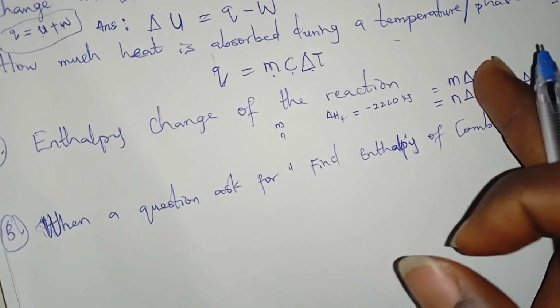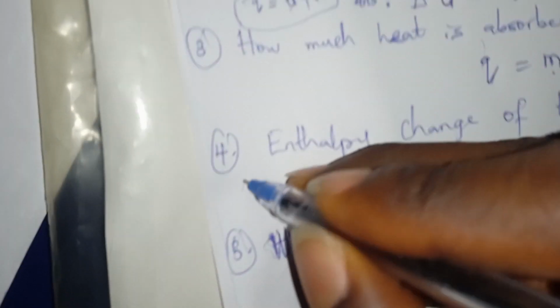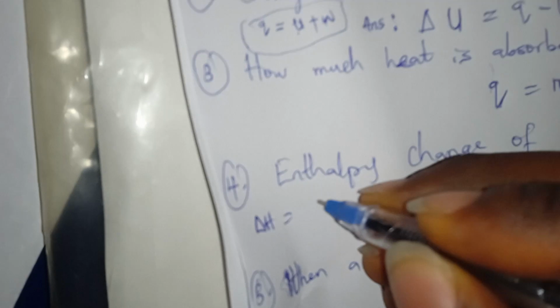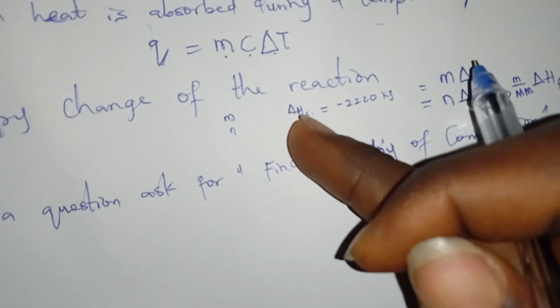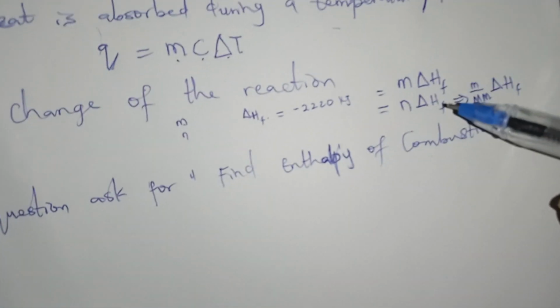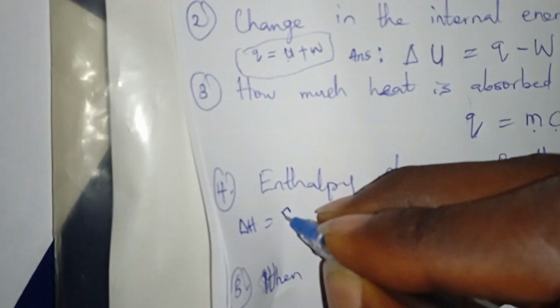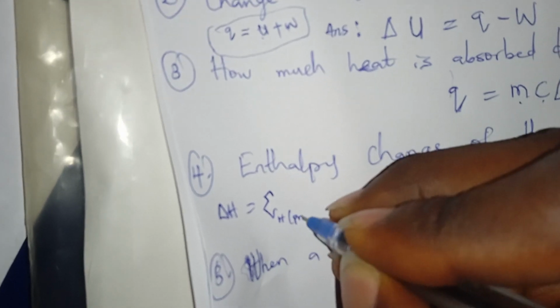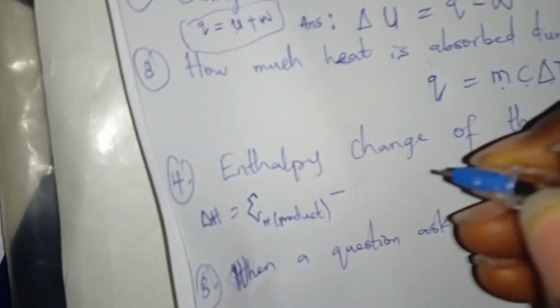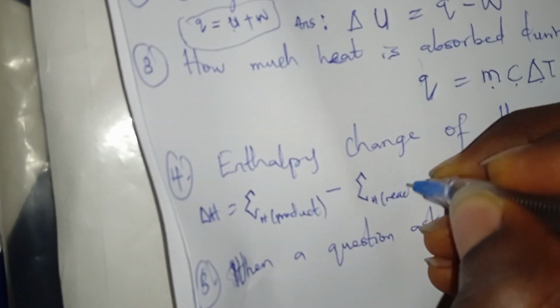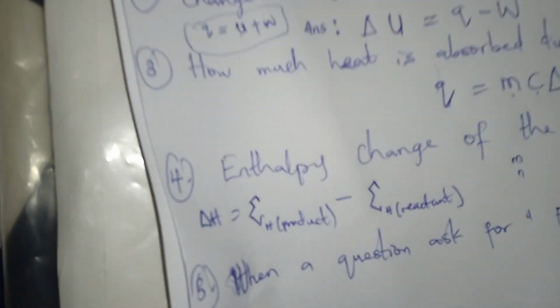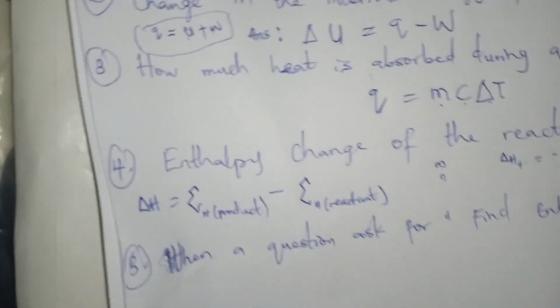But if they did not give you mole, mass, heat of reaction or heat of formation, you will not make use of this formula. In that kind of case, they will give you an equation. So what you make use of is the sum of heats of the products minus the sum of heats of the reactants. This is the formula you make use of in that kind of case for enthalpy.